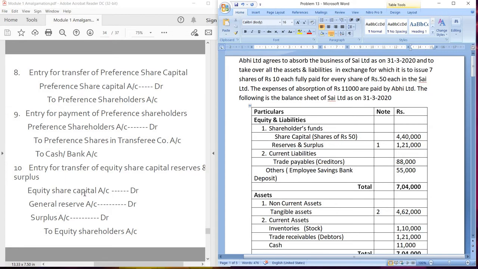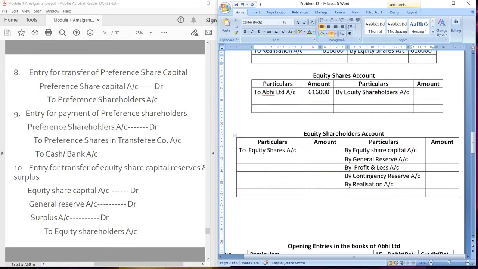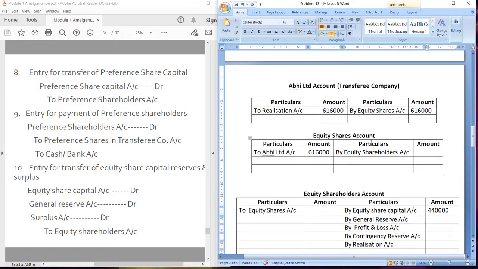Entry is like this: equity share capital account debit, general reserve account debit, surplus account debit to equity shareholders account. So we have to go to equity shareholders account and transfer equity capital and reserves and surplus. So what is the share capital of Sai Limited? It is 4,40,000. So let us transfer this in equity shareholders account. Equity shareholders account by equity share capital account, amount 4,40,000. Next we will transfer general reserve.